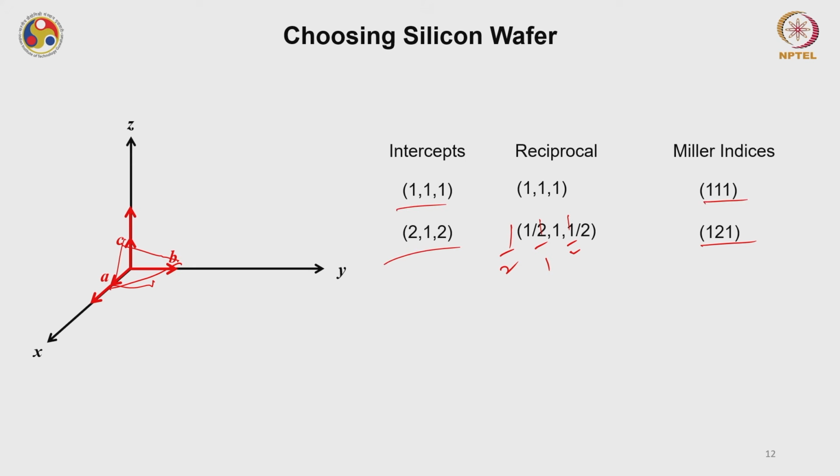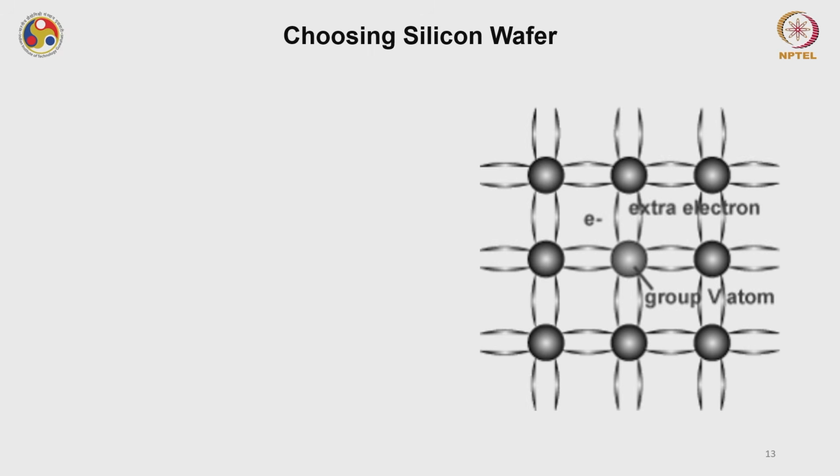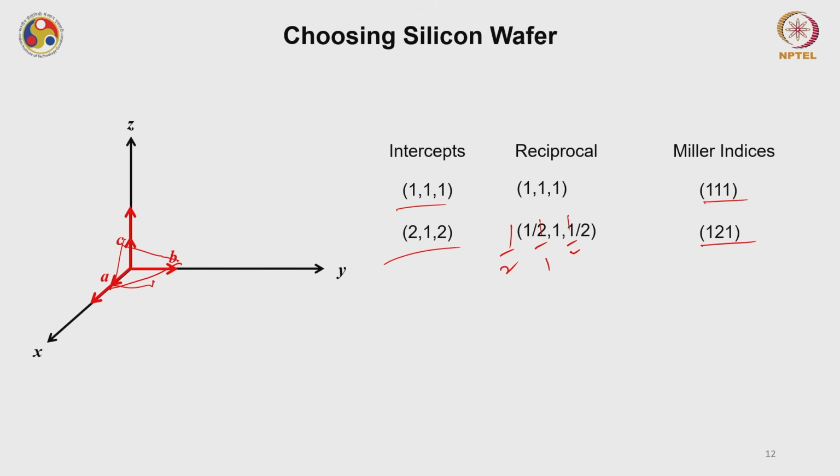Similarly, for other intercepts you can also find Miller indices. This is very crucial. Why Miller indices are used has certain reasons. Say a plane is parallel to the x and y axes, so you have intercepts infinity, infinity and 1.